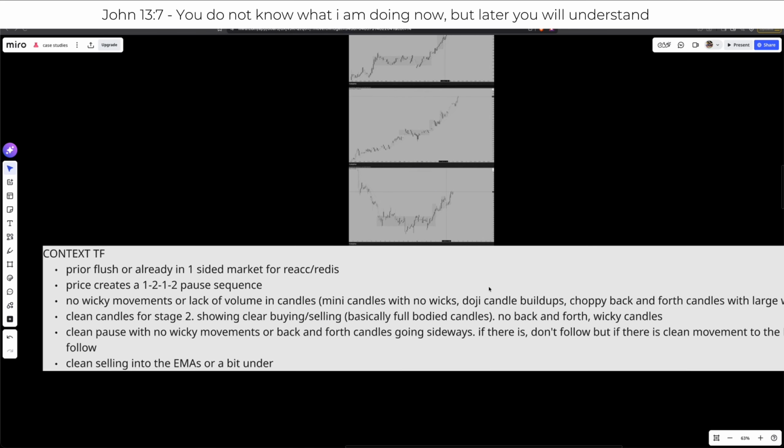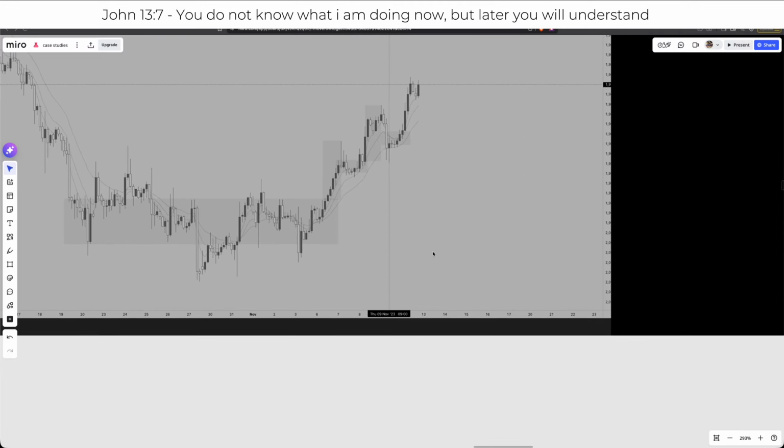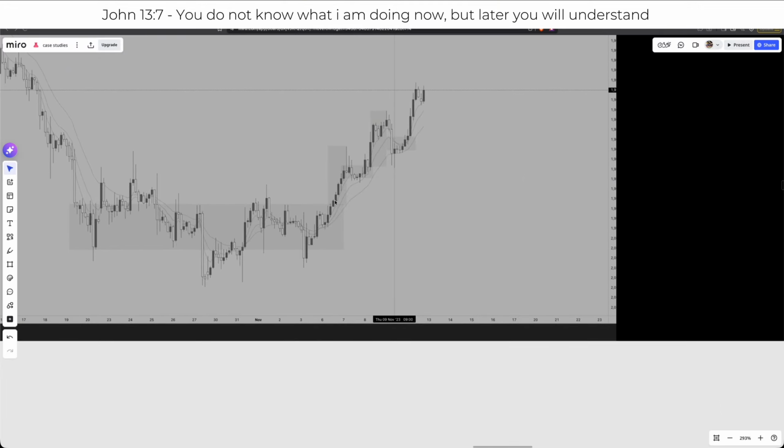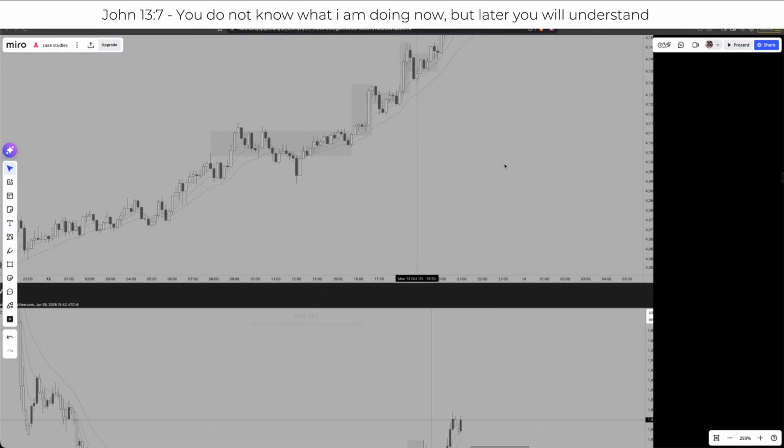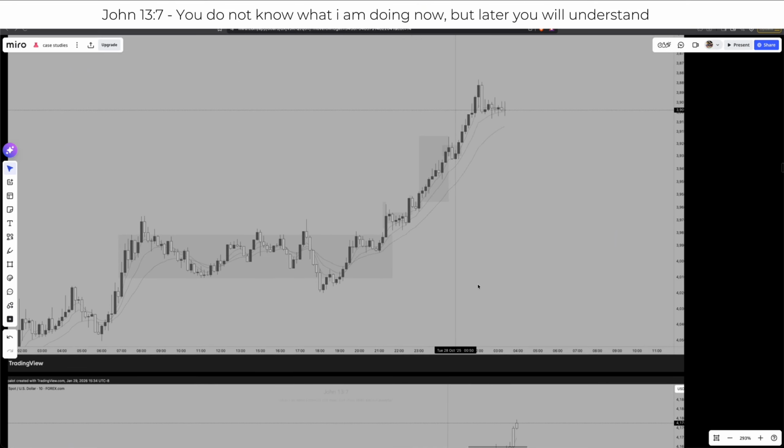I also don't want to have wicky movements or a lack of volume in my candles. You'll notice that a lot of these have pretty good volume in them, like the stage 2. These moves right here have pretty good volume, really good one-directional bias, right? Here you have that stage 1, and then a nice bullish candle, then a nice pullback, right?